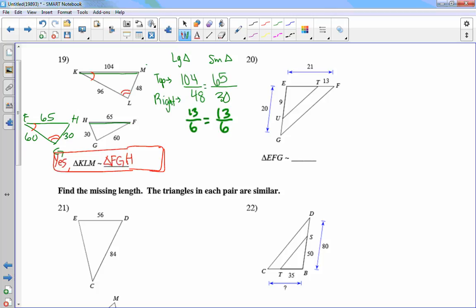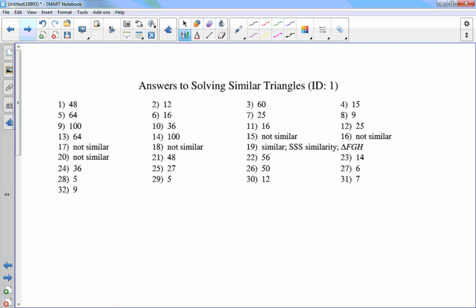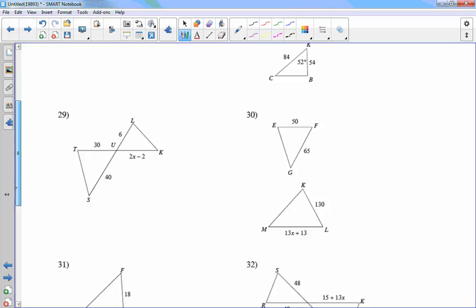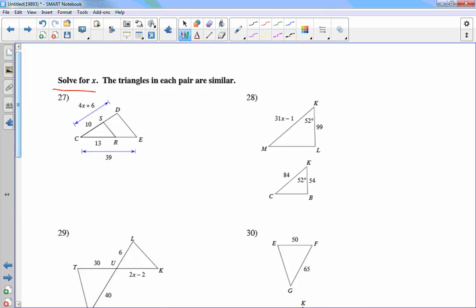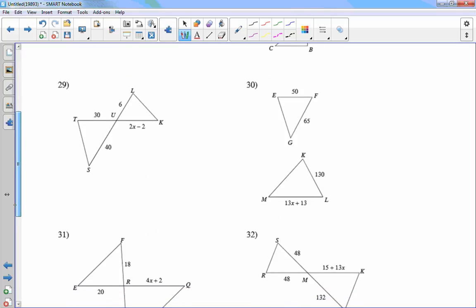Maybe page 29. Flip it over to the very back. Okay, solve for x, and you are told that they are similar. What type of angle is here?